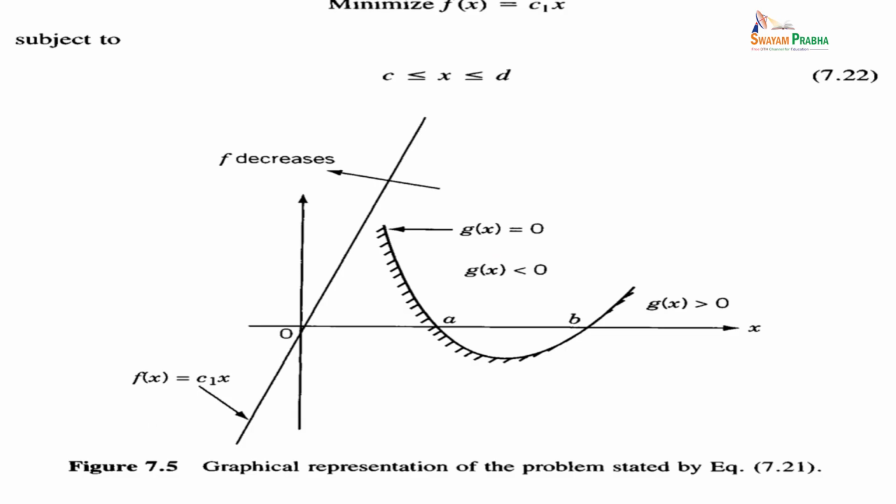This is figure 7.5, where the minimization of f(x) equal to c1 x is demonstrated. The constraint g(x) is described where x lies between c and d, with g(x) equal to, less than, or greater than zero.